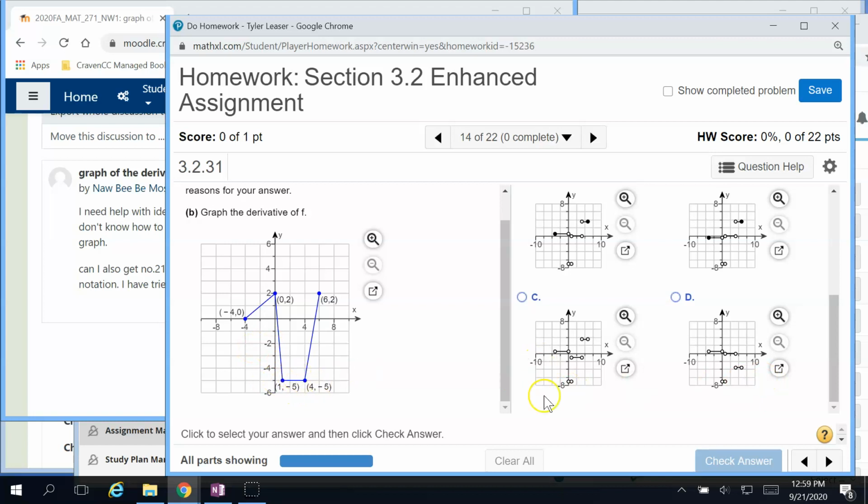From 1 to 4, it's at 0, which means this one can't be true. So now it's either A or it is D. And then between A and D, the last little bit here is that from 4 to 6, it's a big positive slope. So from 4 to 6, it has to be this one, the positive slope, not this one, the negative slope. Okay, so yeah, derivatives just represent slopes.